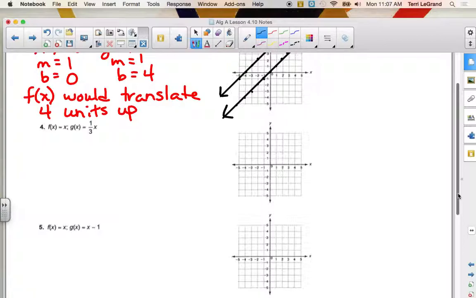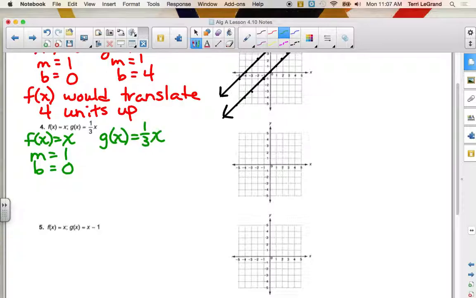Okay, then let's go on to number 4 here, where again we have the parent function, which has become almost a no-brainer. And we have the transformed function. That one we have to do some thinking about.